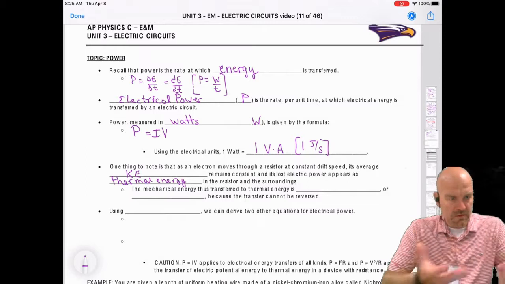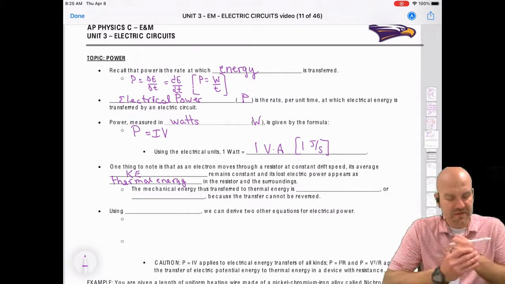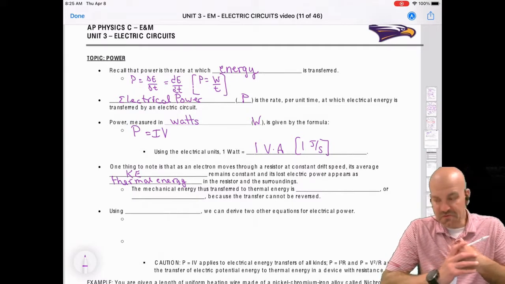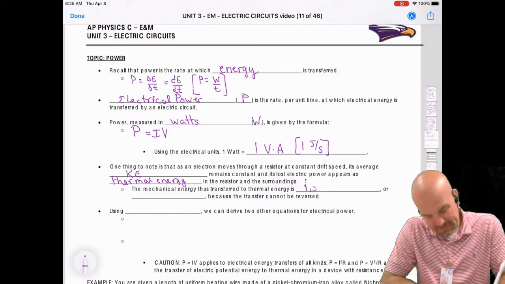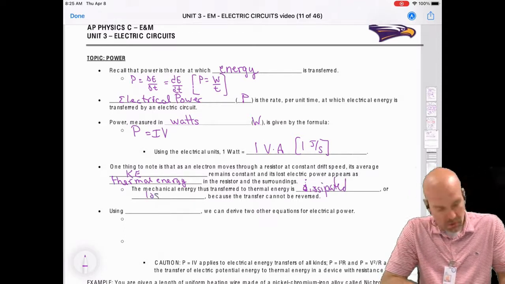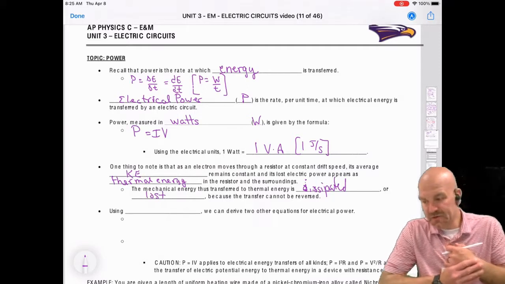The energy transferred to thermal energy is dissipated, meaning given off, or lost because the transfer cannot be reversed.